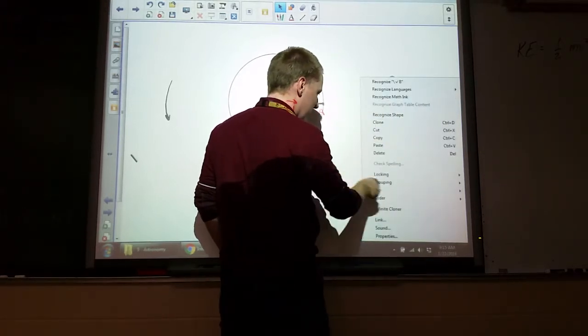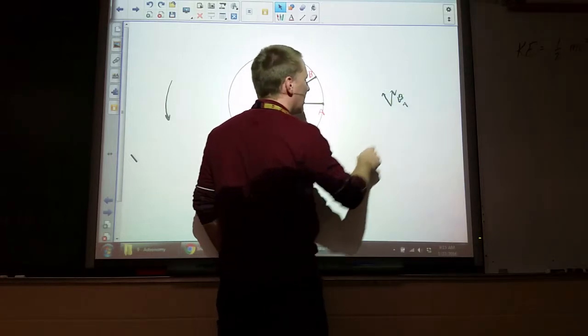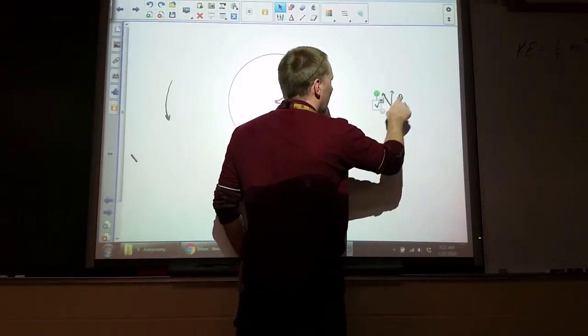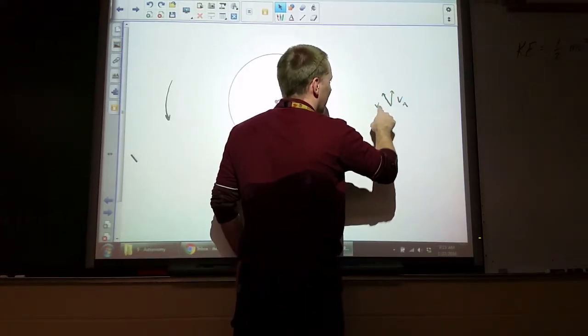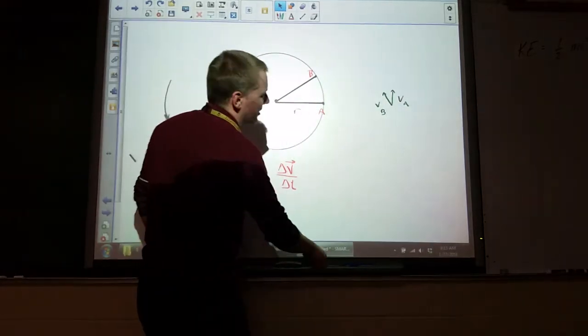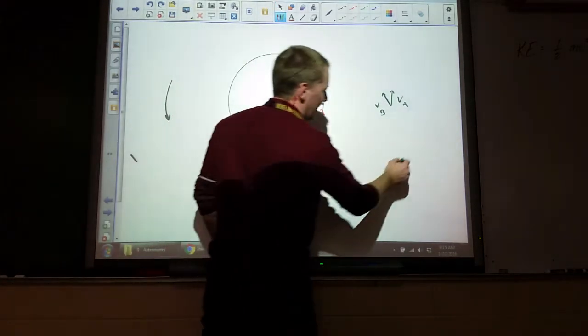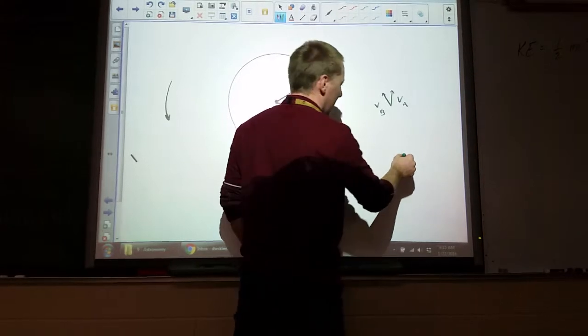I want to get those apart. Okay, and just for ease of seeing, I'm going to try and redraw that. Imagine I'm redrawing that perfectly to scale.